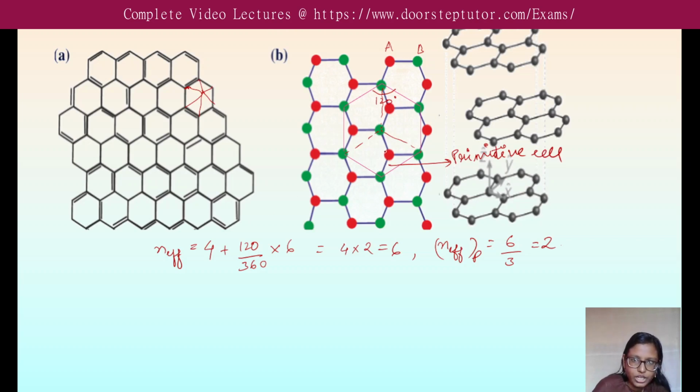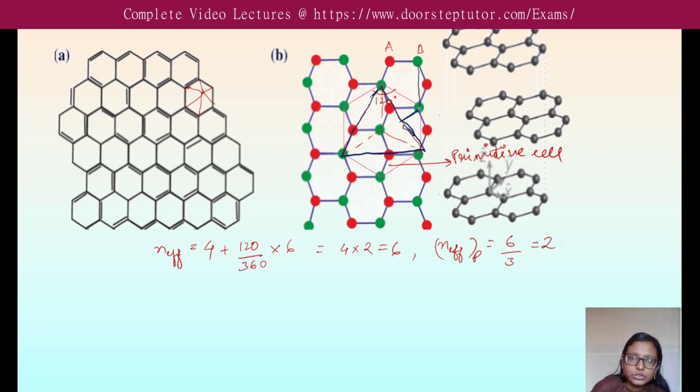Now to calculate the atomic packing fraction, let us consider this triangle. This is the triangle, and then we can also draw this smaller triangle here. So from this atom to this atom the distance is a.